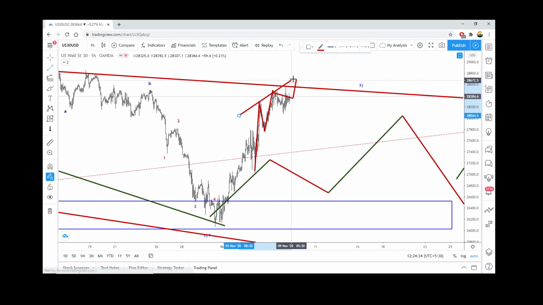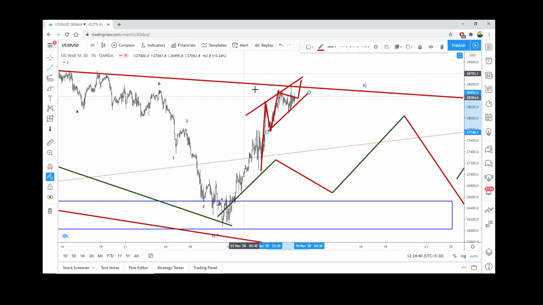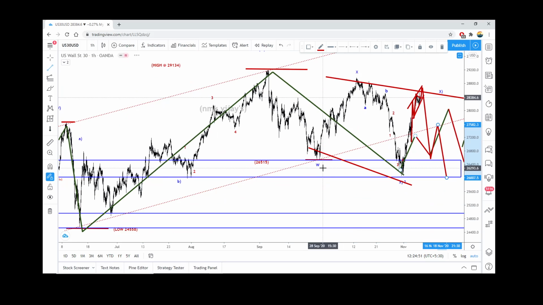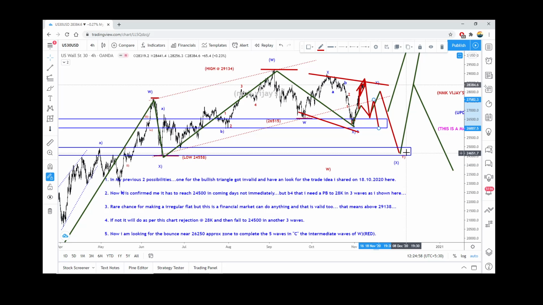So in the correction, we can't get that perfect 5-way structure. It will all overlap in the ending. If the C wave ends like that, it will overlap, and then it may fall in the 3-way structure. So if it falls, my second target is 24, or it could be deeper also.